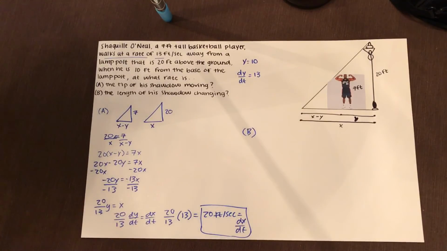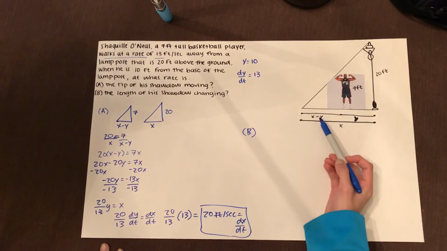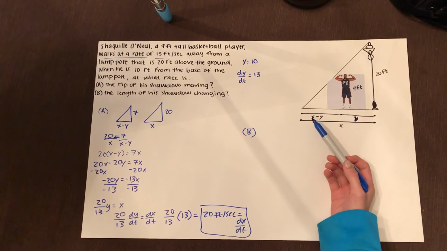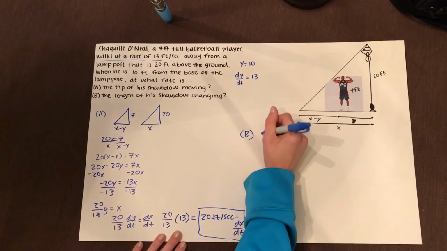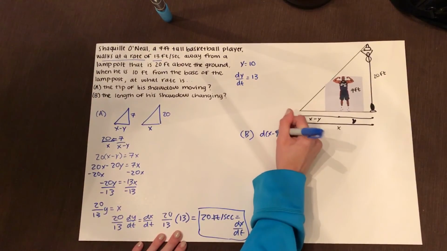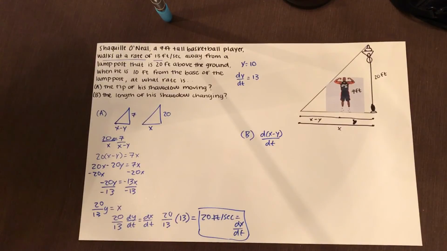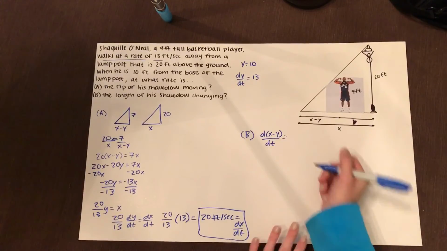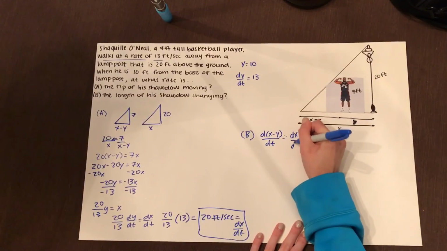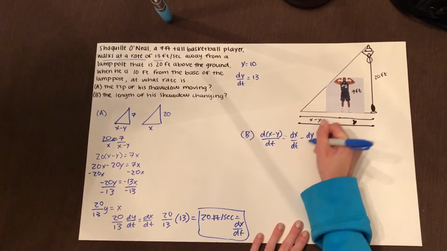Part B, the length of his shadow is changing. To find this, you'll look, and your x minus y was the length of his shadow. So you're going to do d(x minus y)/dt. And this is the same thing as saying dx/dt minus dy/dt.